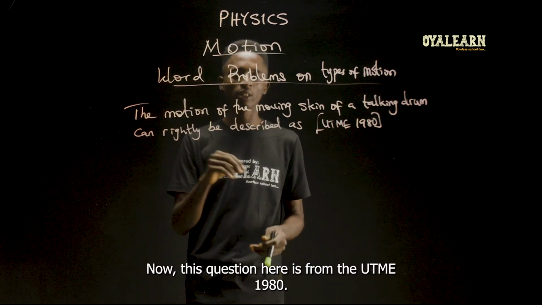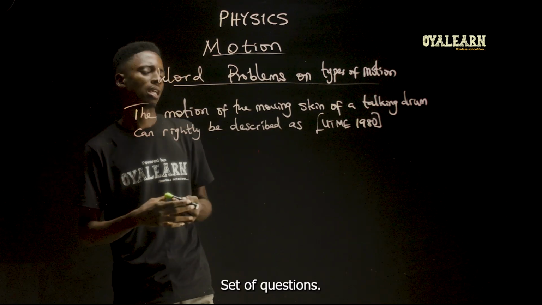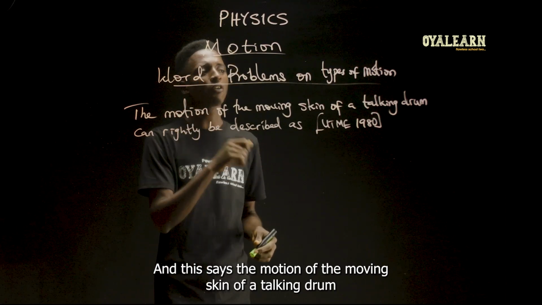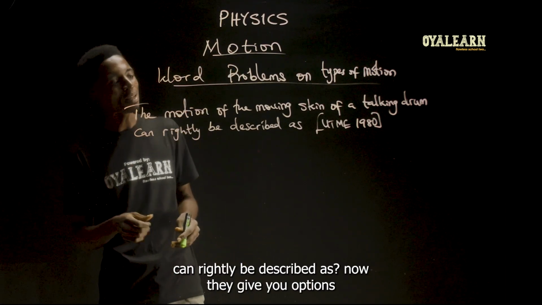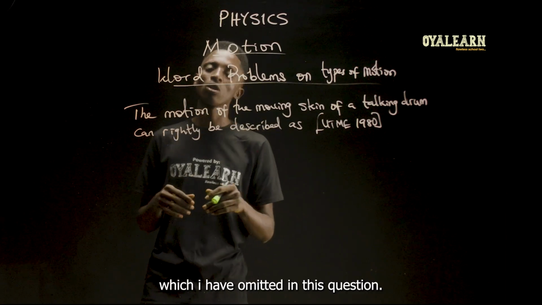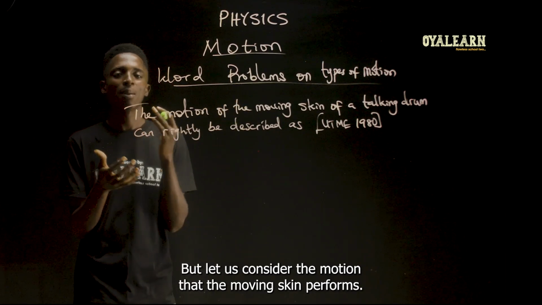This question is from the UTME 1980 set of questions, and it says the motion of the moving skin of a talking drum can rightly be described as. They give you options which I've omitted here, but let us consider the motion that the moving skin performs.